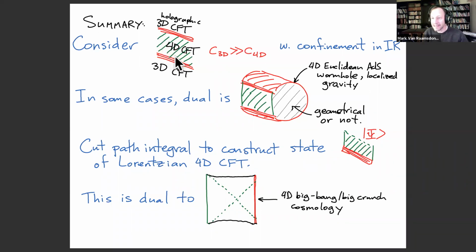In the end, the physical theory doesn't really have the degrees of freedom of these 3D CFTs. It's kind of a weird feature of it. The 3D CFTs in my final picture are only there to help create this interesting state of the 4D CFT.